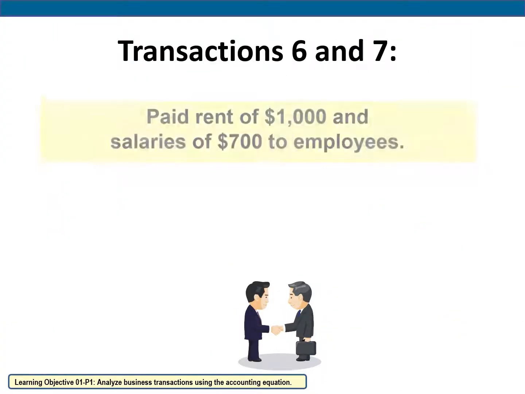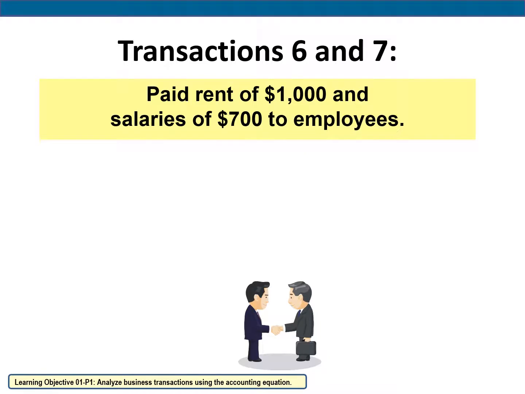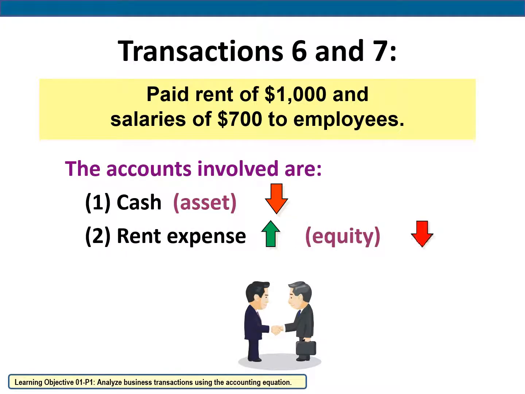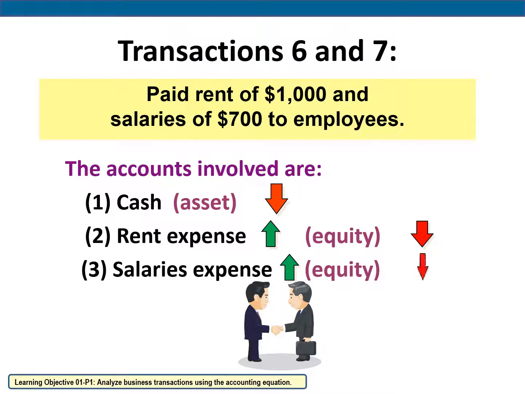Transactions 6 and 7: we paid rent of $1,000 and we paid salaries of $700 to our employees. So the accounts that are involved, our cash is going to go down. We're paying money out the door for expenses. Our rent expense is going to go up, which means our equity is going to go down. And our salary expense is going to go up, which means our equity is going to go down.